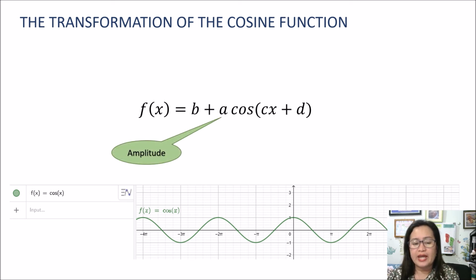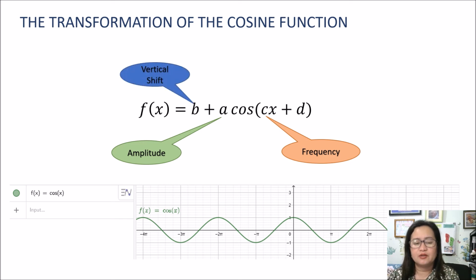The value of a gives us an idea of its amplitude, while the value of c, its frequency, and b, whether it's shifted downward or upward, and d, whether the graph is shifted to the right or to the left based on the original function cosine x. Remember that to get the exact number of units of horizontal shift, we have to divide d by c.